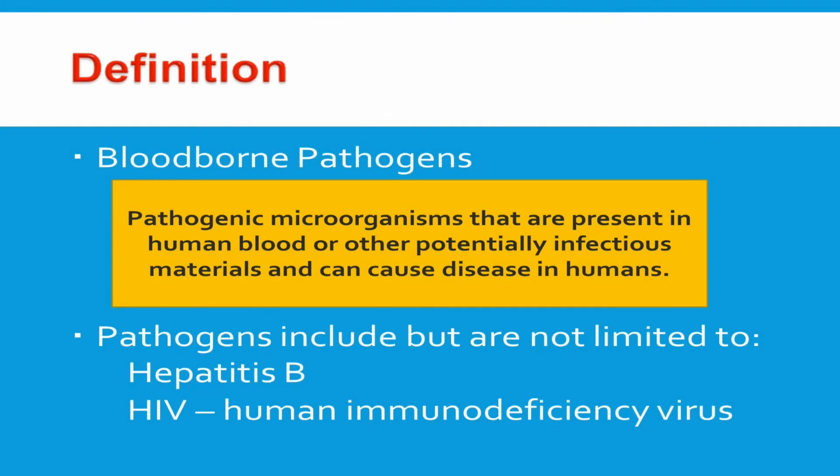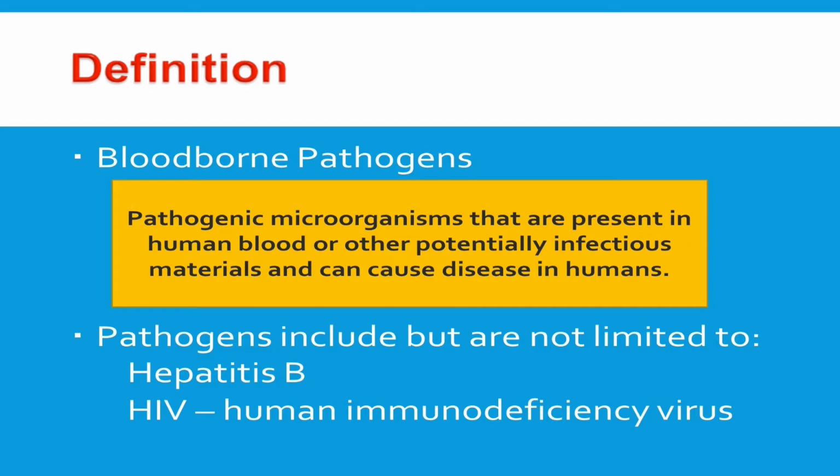When we talk about bloodborne pathogens, it's important to realize we're talking about microorganisms that can live in blood or other potentially infectious materials, or you might hear that called OPIM from time to time. Some examples are hepatitis, and some people may think of HIV.